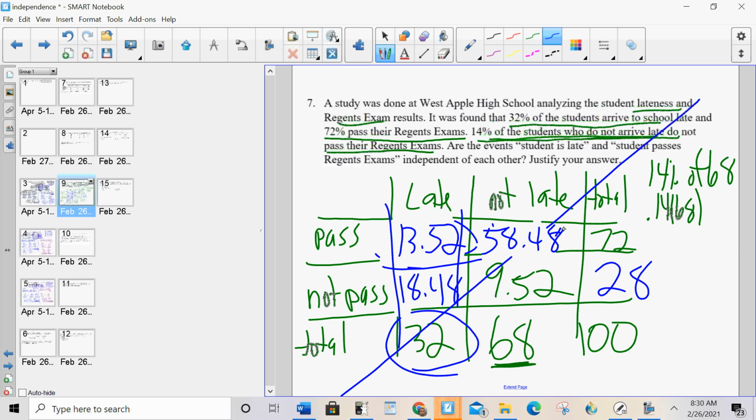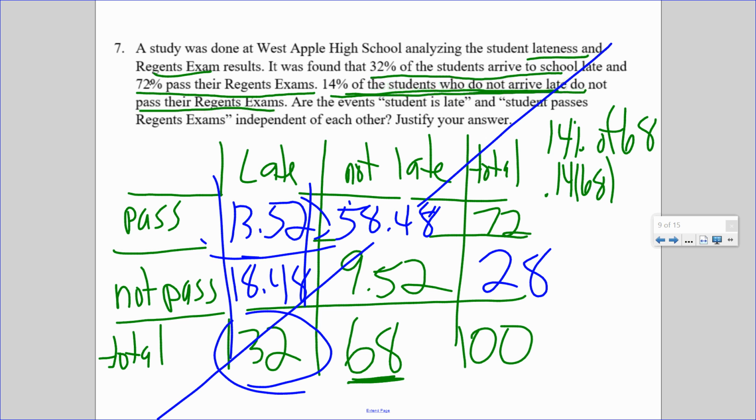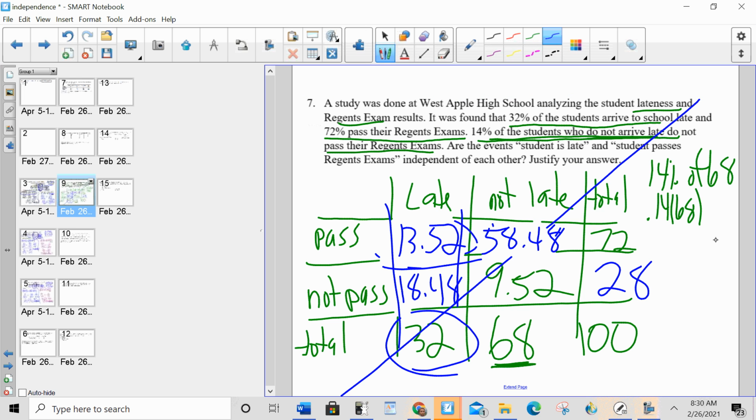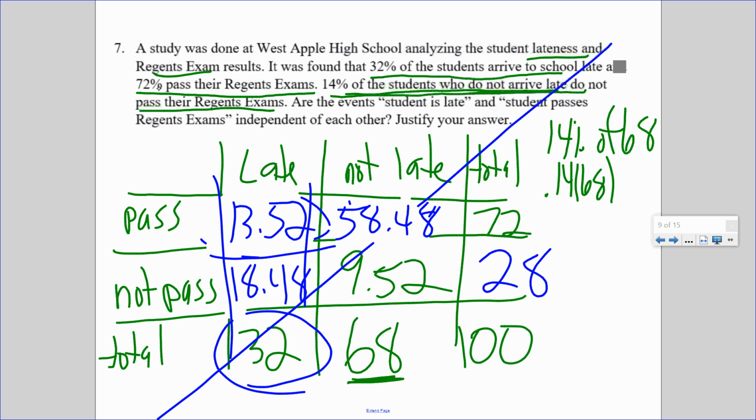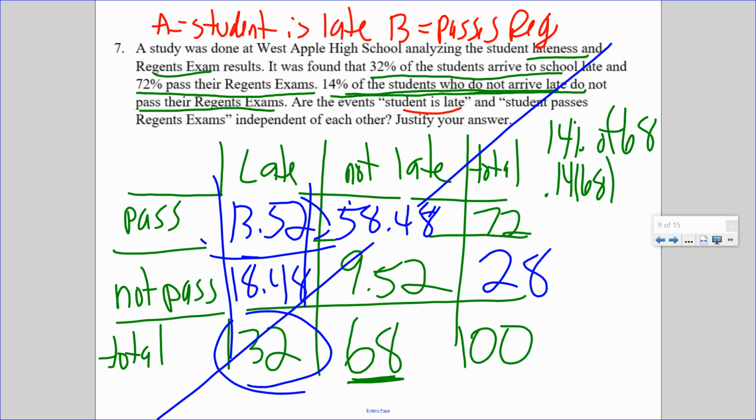So, now that I have that, let's get a different color. Student is late and student passes Regents exams. So let's have A, student is late, and let's have B, passes Regents. It wants to know if they're independent. So, I don't know where I'm going to do this.